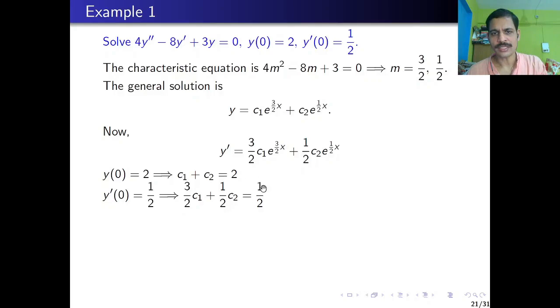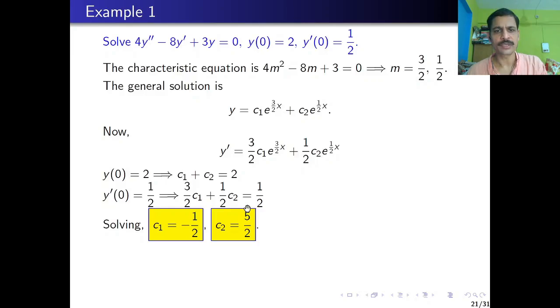So we solve this system of linear equations, these two equations, and find out the value of c1 and c2. You can easily solve it and compute the value of c1. It turns out that c1 is equal to minus half and c2 is equal to 5 by 2.